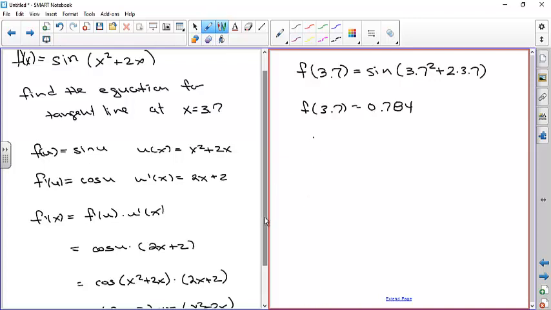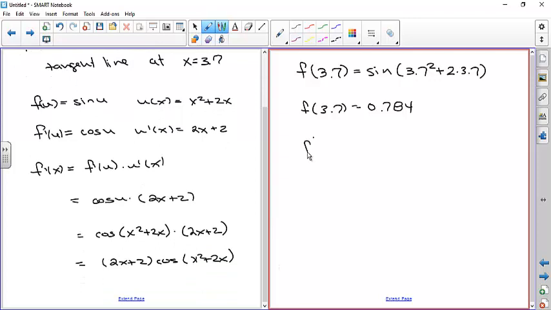And then we need to find the value of the derivative. So f prime of 3.7 is going to be 2 times 3.7 plus 2 times the cosine of 3.7 squared plus 2 times 3.7.